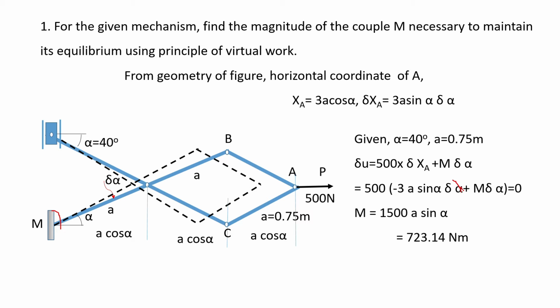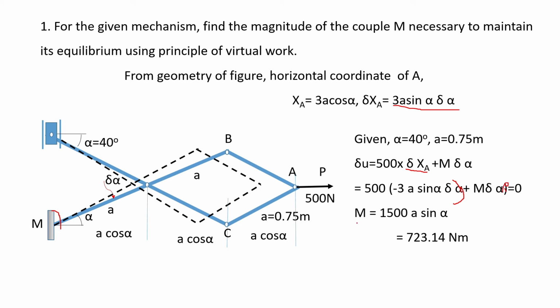So when we put down the value of del xa, which we have already taken out, we get 500 into minus 3a sin alpha, plus M del alpha. Just replace the value of del xa in this equation and solve the problem. This bracket is not required.